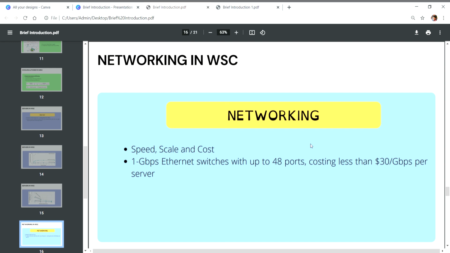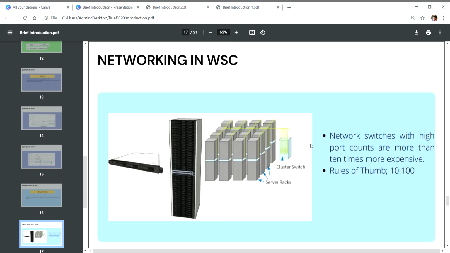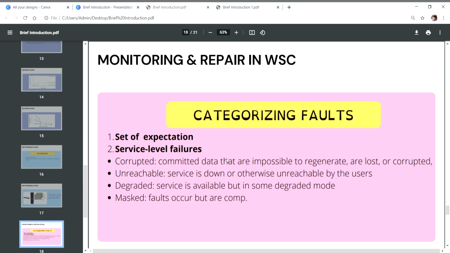Another way to tackle network scalability is to offload some traffic to a special purpose network. So these are the concerns for networking. As you can see here, they're using the rules of thumb with 10-10. This is the networking part in the WSC.